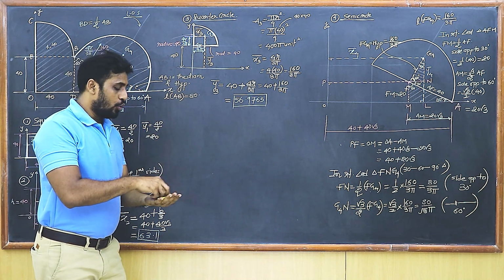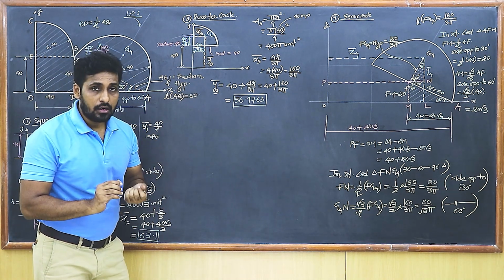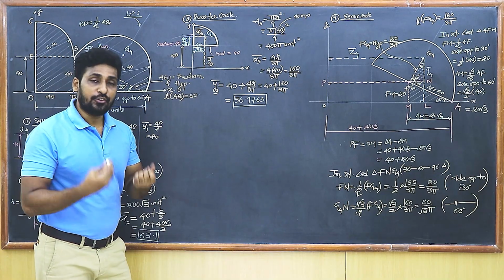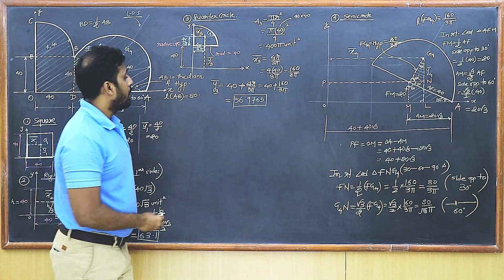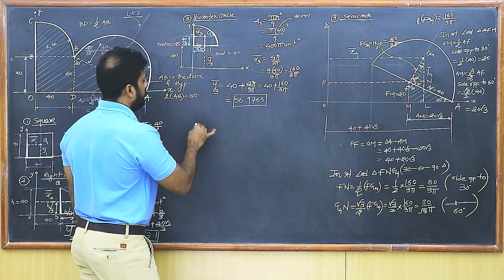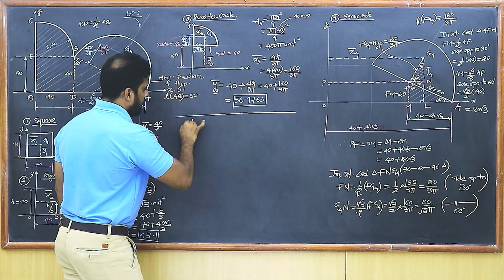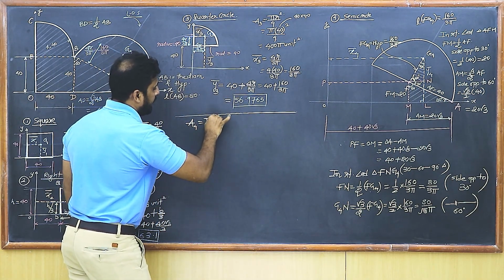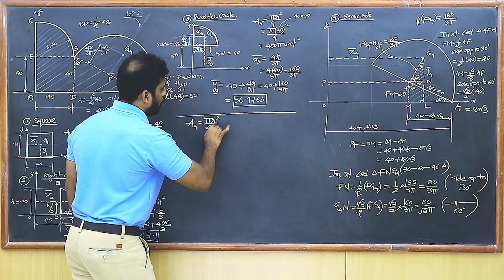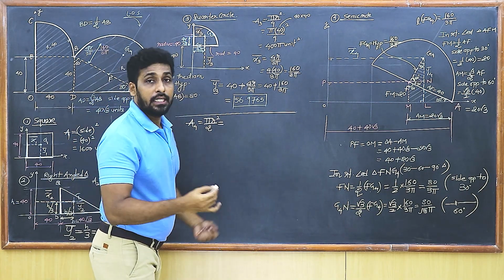Now students, I am going to find area, then X4 bar and Y4 bar. So now for a semicircle, let's begin. For a semicircle, I will write over here A4. It is going to be pi r square upon 2. The radius is how much? It is 40.